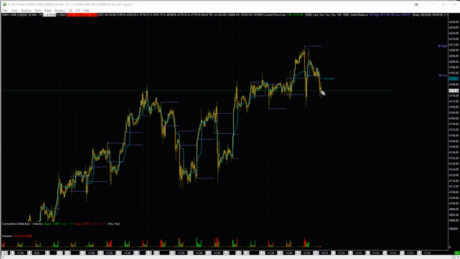We have a double distribution overnight session. Price is moving lower. We have a double distribution. We are currently on top of the VPOC, which is shifted from the higher distribution to the lower distribution.